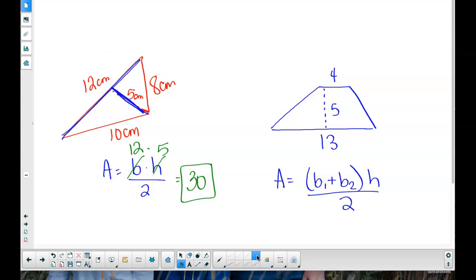What would you get for the area of that trapezoid? That's also what I got, okay? Base 1, I'm going to call this base 1 and this base 2. Doesn't really matter, I could switch those around, but I have to add the 13 and the 4 together first. Then multiply by 5 and divide by 2. 13 plus 4 is 17. 17 times 5 divided by 2 is 42.5 as your area. Okay, questions there?